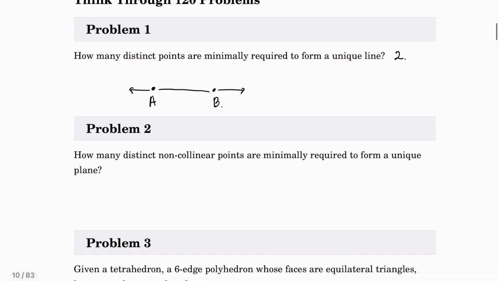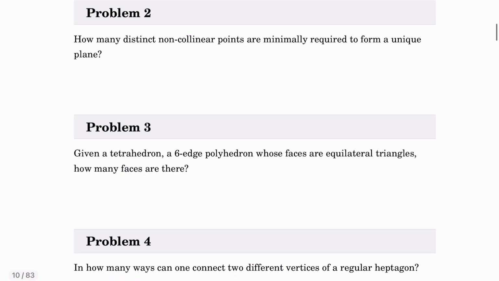Number 2, how many distinct non-collinear points are minimally required to form a unique plane? It should be non-collinear points, and if I underline non-collinear points, it means that they're not on the same line.